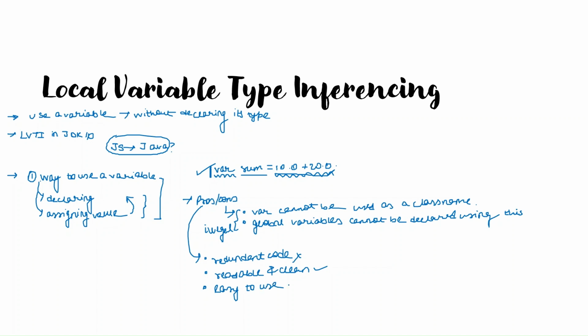Now there are some restrictions on how to use local variable type inferencing in Java. And since Java is still a strongly typed language, most users prefer specifying the data type themselves, like they still prefer going this first way, this one.